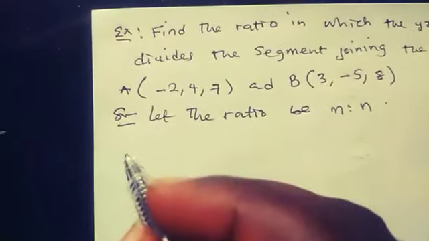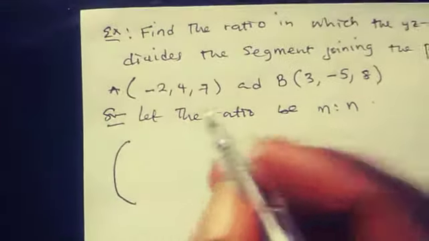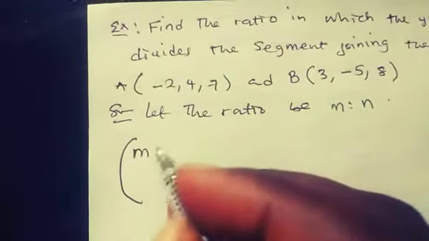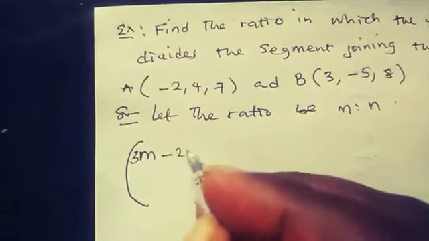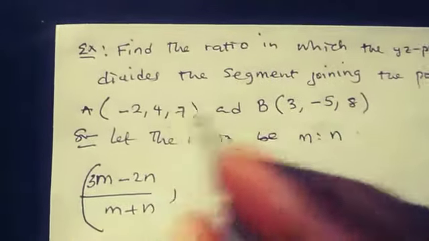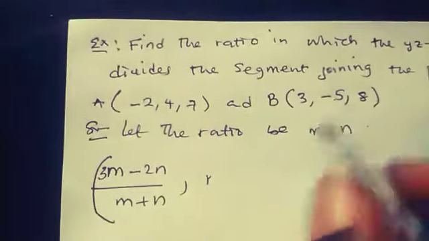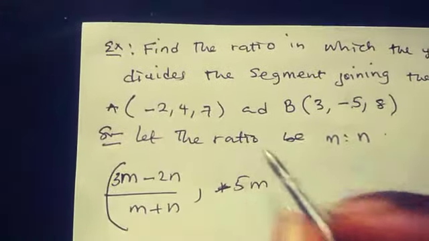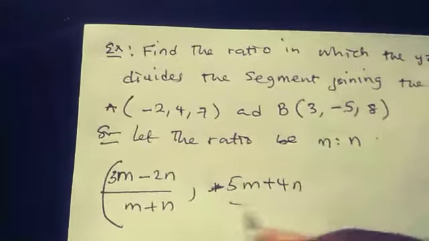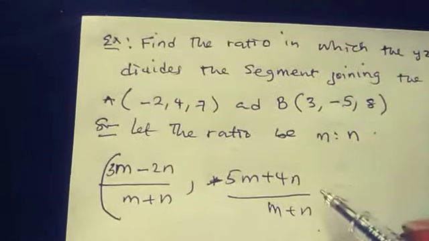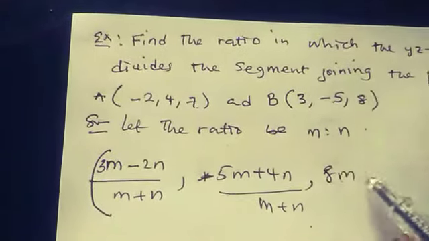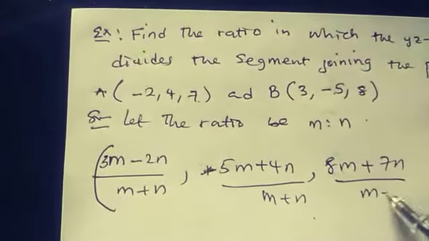As usual, if you use the formula, we are going to have m times x2, that is 3m minus 2n over m plus n, comma, for the y, we do the same thing, m y2, that is -5m plus n y1 plus 4n over m plus n, comma, and finally 8m plus 7n over m plus n.